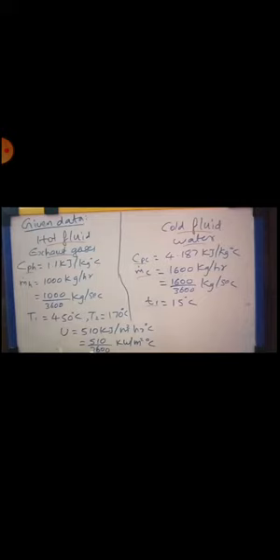Small t1 for the cold fluid is given. U is given in kilojoule per meter square hour degree centigrade. We have to convert it into kilowatt per meter square degree centigrade by dividing by 3600. Then to find, we have to find two values: the heat exchanger area for the first, the parallel flow arrangement, and the second, the counter flow arrangement.